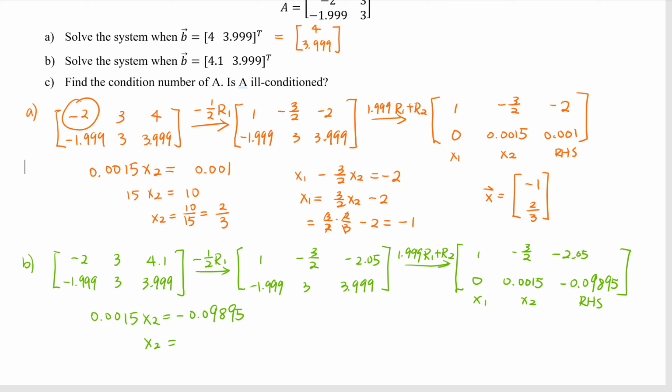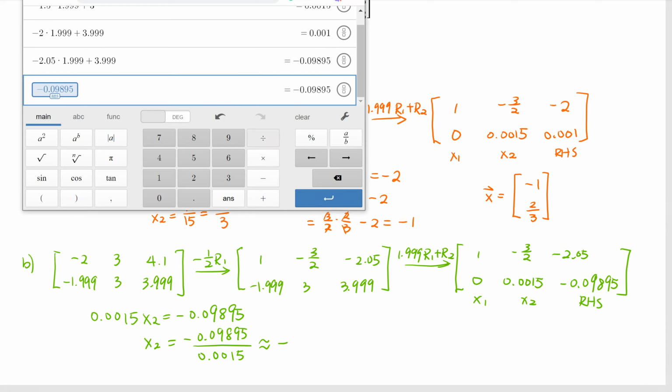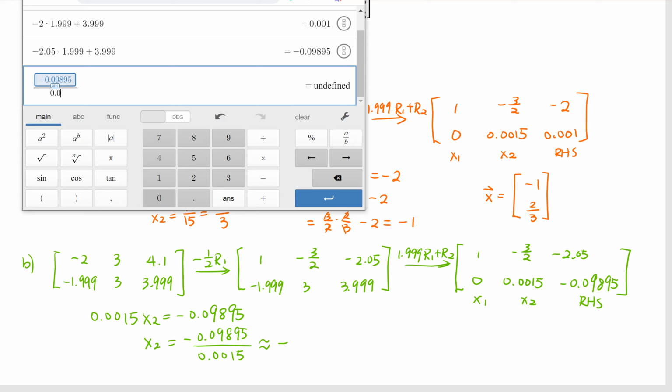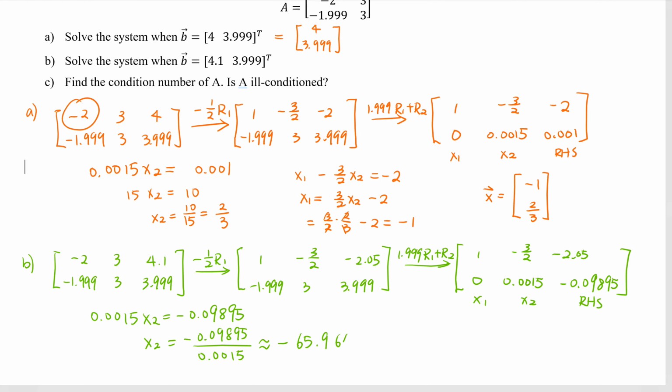Then x2 equals -0.09895 divided by 0.0015, which is approximately -65.97. Let's use more digits: 65.666, actually the 6 is repeating. Because we know it's repeating, let's put a bar right there.